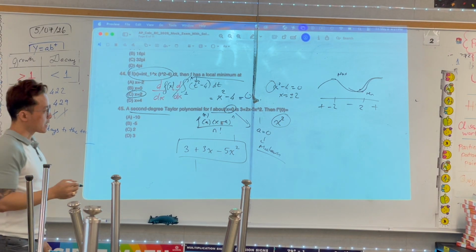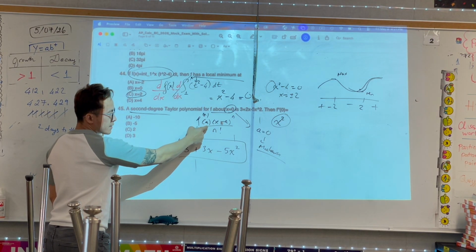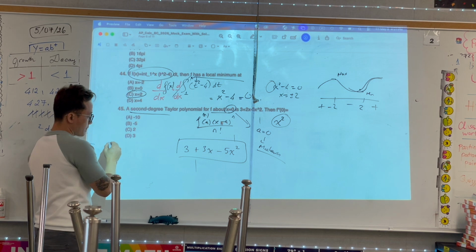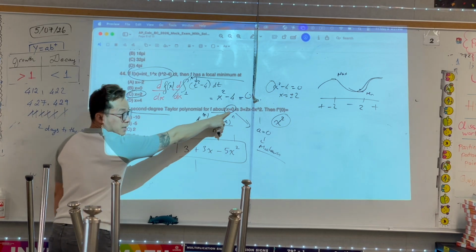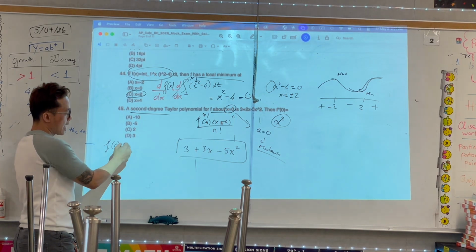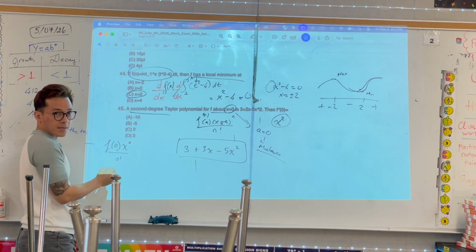Now, if I want you to expand this, how do you write it? The first term is f of a, and a is 0, so f of 0, x to the power 0 over 0 factorial.